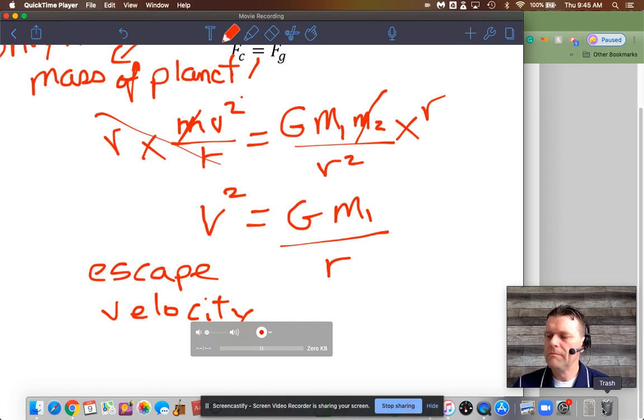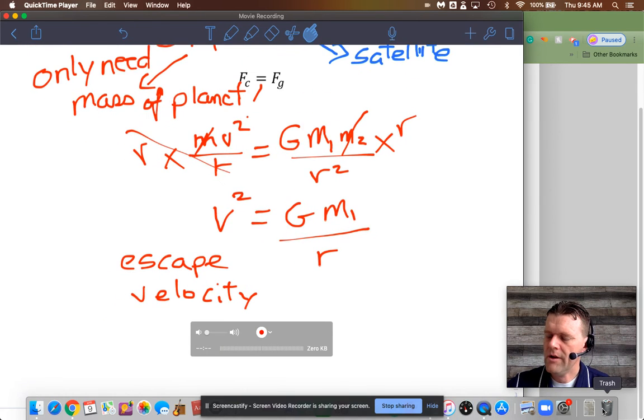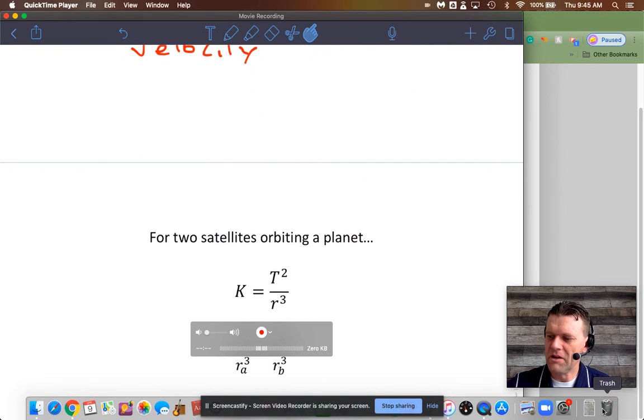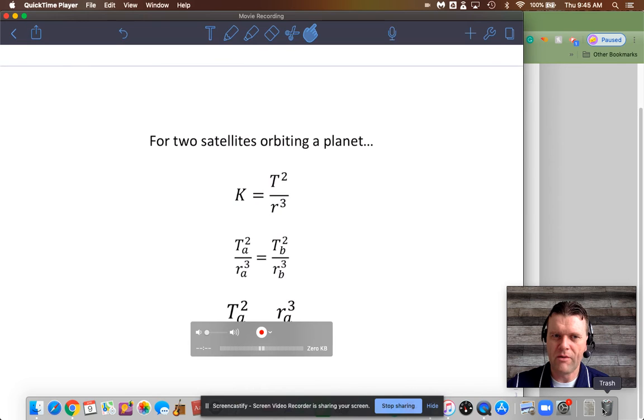Okay, now there's two possible summaries, I guess, for using Kepler's law, and you'll get a little practice with both of them as we keep going here. So there's one more formula there that I need to just describe quickly.